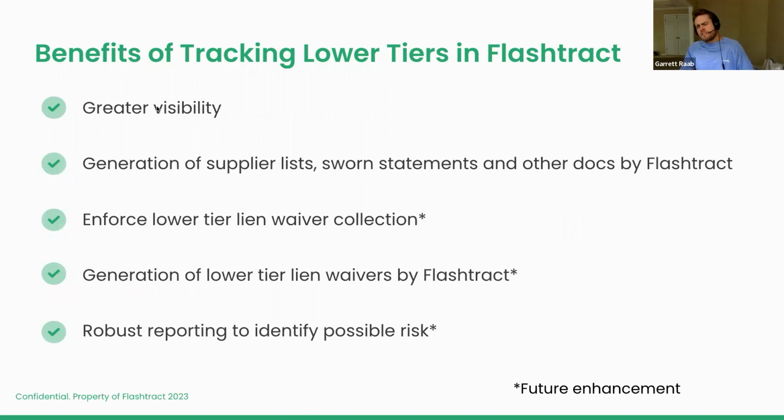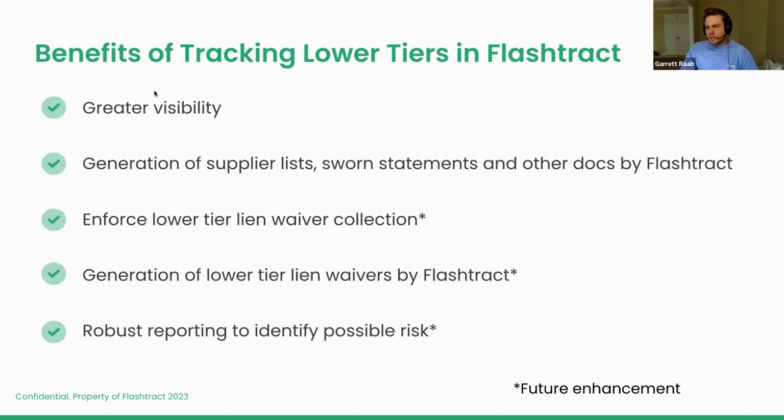The benefits of tracking lower tier information inside of Flashtract speak to taking something that's very decentralized and manual and moving it all into one system, and then being able to leverage the different capabilities of Flashtract, like document generation and blocking invoicing, to more efficiently track and collect all of the lower tier information.